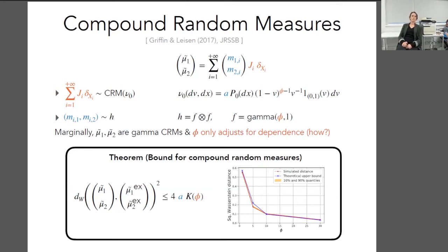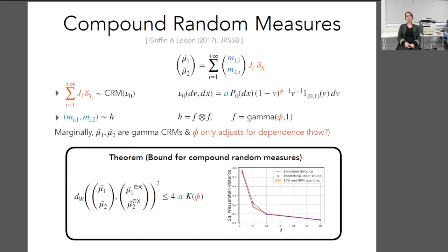So the idea is pretty simple. I guess one takes, first of all, a baseline completely random measure, with jumps ji and atoms xi, and then one perturbs the jumps in different directions depending on the random measures.